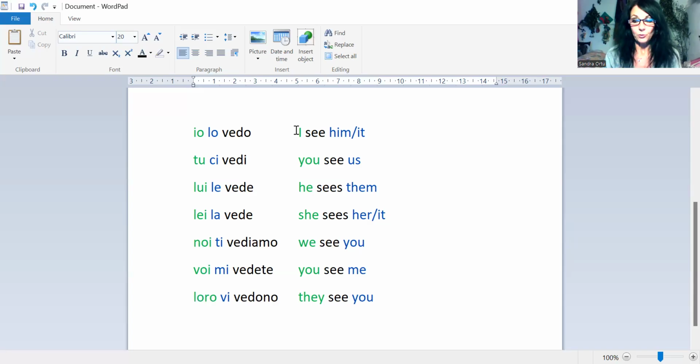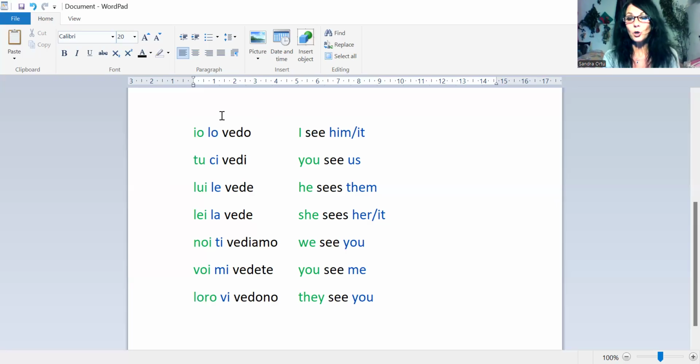So in longer, more complex sentences, you will see the subject pronouns at the end as well. But that is a different topic. So for now, we're looking at the textbook, the simple sentences.